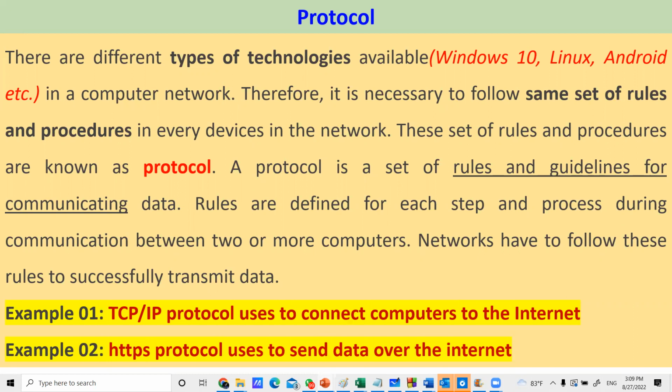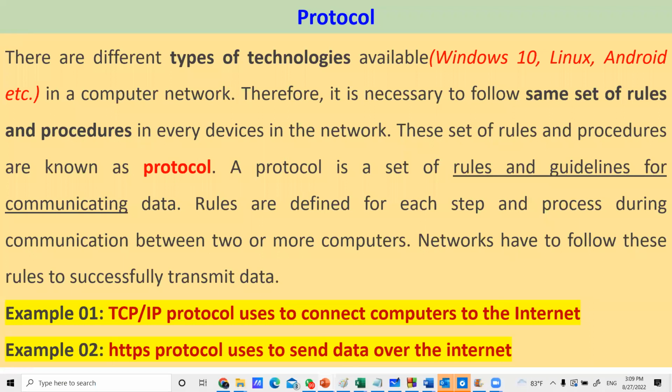All the devices in the network should follow unique rules and procedures, because in the network they have different types of computers with different software. Some computers have Linux, some have Windows 10, and then Android OS is also there. All of these computers should follow a unique set of rules, otherwise they will not be able to send data to one another.